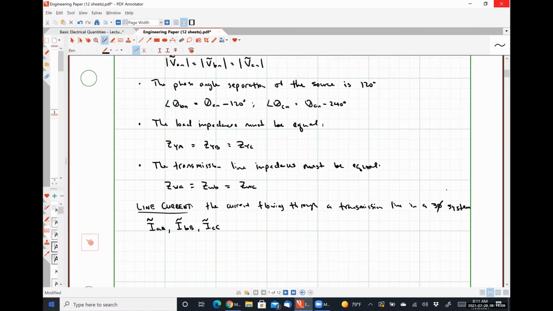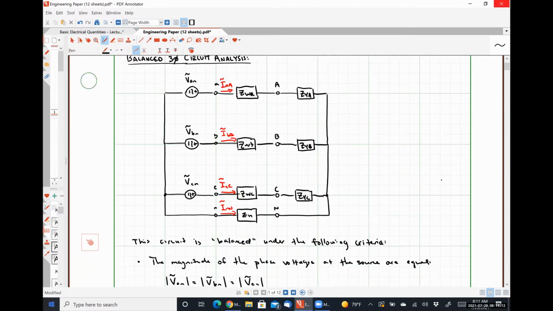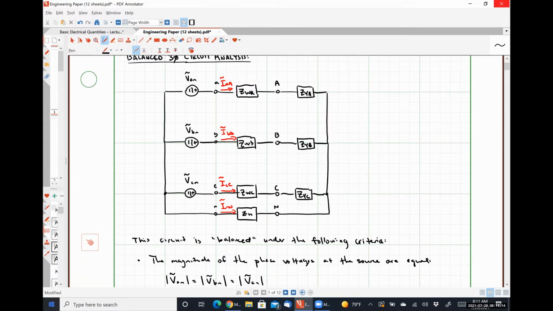Another thing that I'm going to do in reference to our original circuit here, I can denote this as node capital N, this as node lowercase n. So instead of having just that terminal, I'm treating it all as one large node. And for the math here, just so that we have a relatively straightforward means of analyzing this, I'm going to set our source side neutral node as a reference.